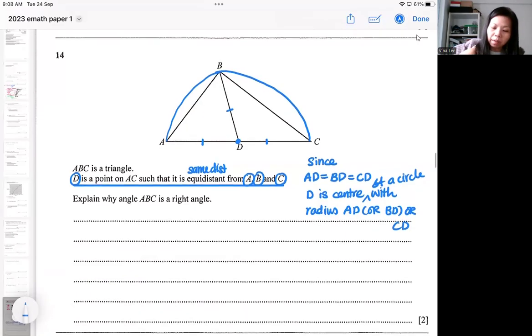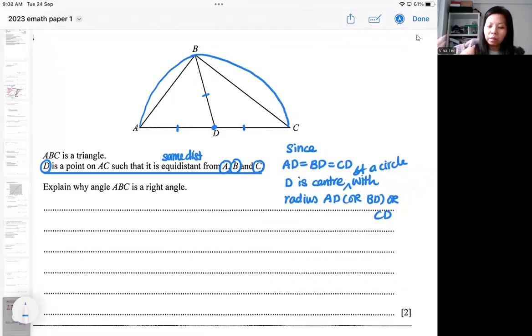Because these three lengths are the same, D is the center of a circle. A bit messy. Which means, in this part, there are two radii here. AD and DC are the two radii. So essentially, two radii will form a diameter.